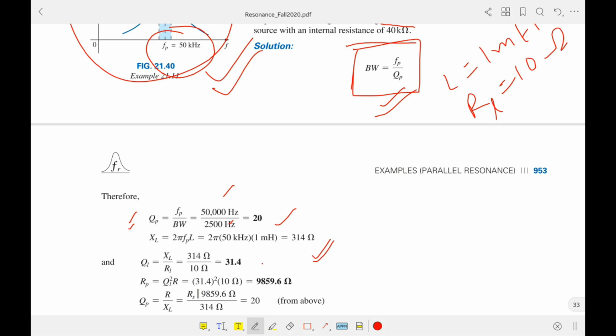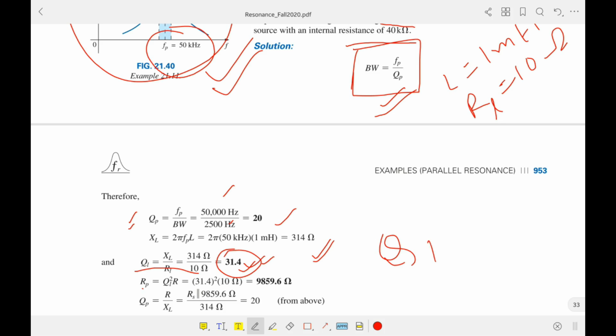From XL we can calculate the QL, because QL consists of XL and RL. So that XL and RL through which QL is calculated, and you know that Rp equals QL square R. For the approximation, since QL appears 31.4.